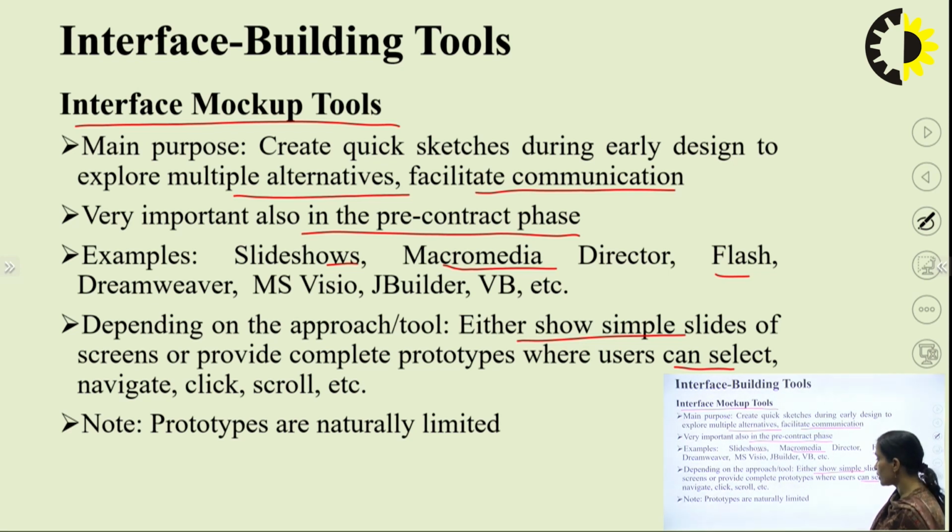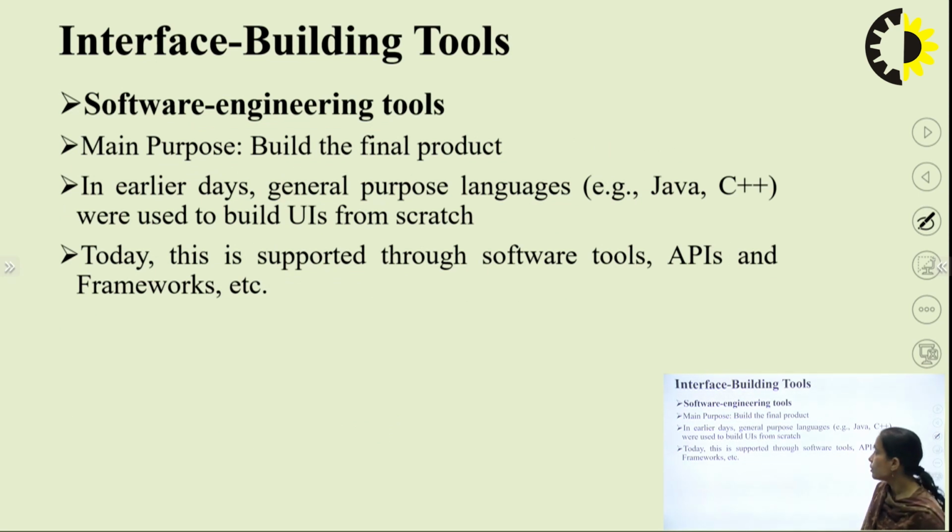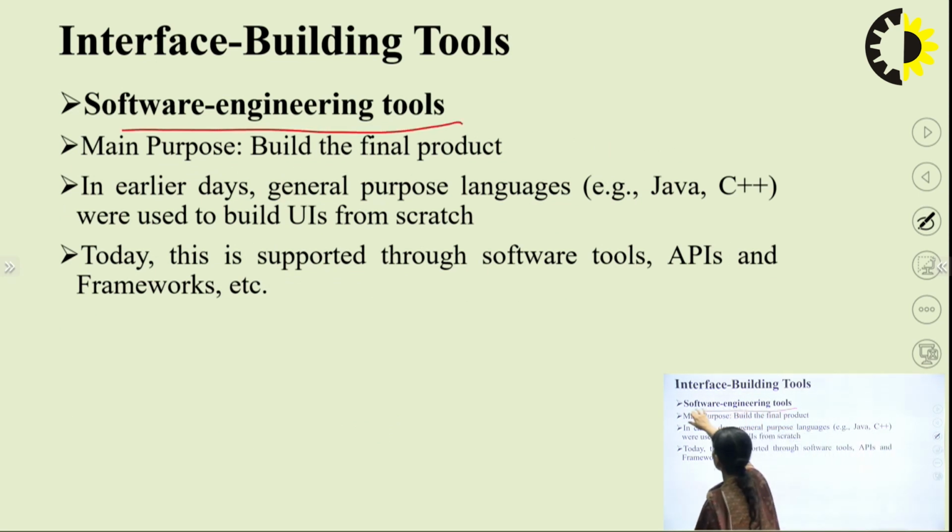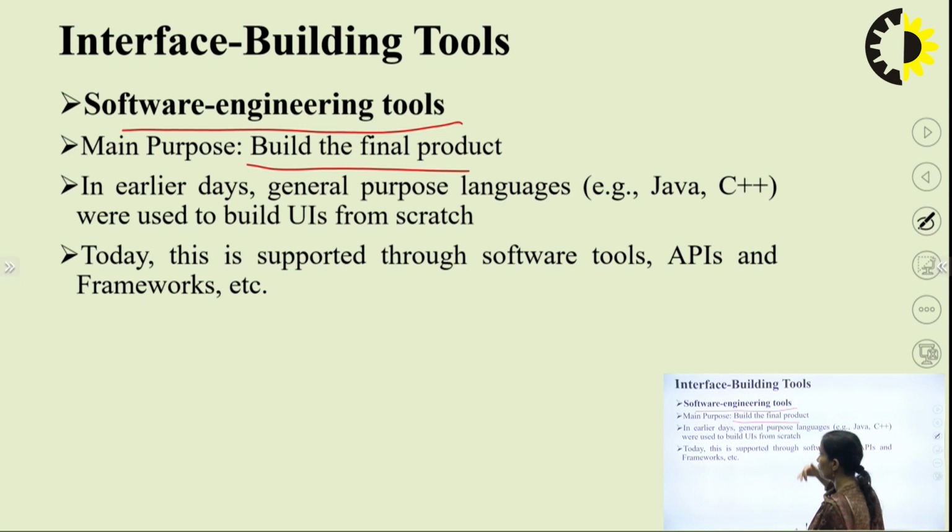So prototypes are naturally limited. We will be showing limited design features. Okay, this product will look like this. Certain features are demonstrated, and others will follow when it is in the complete form of design. Then software engineering tools. The main purpose is to build the final product.